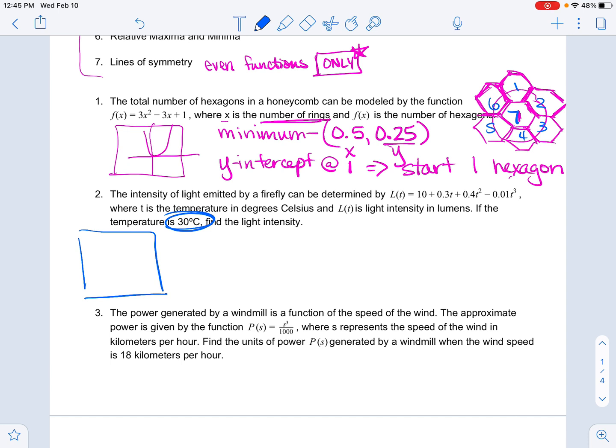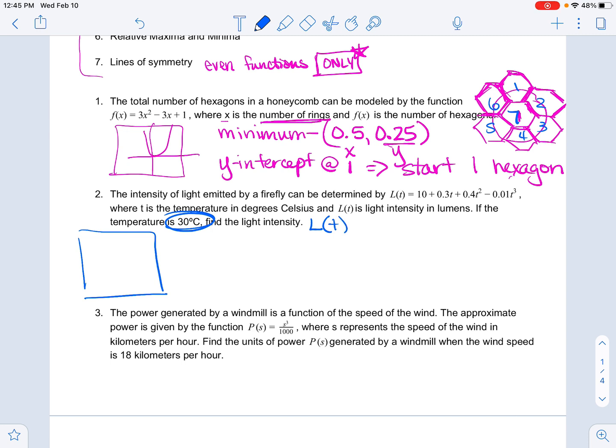To do that, we're simply going to do synthetic substitution or synthetic division, which I taught you in the last lesson. The only thing that's tricky about this is we have to put this in standard form first. Standard form means they have to decrease in degree.